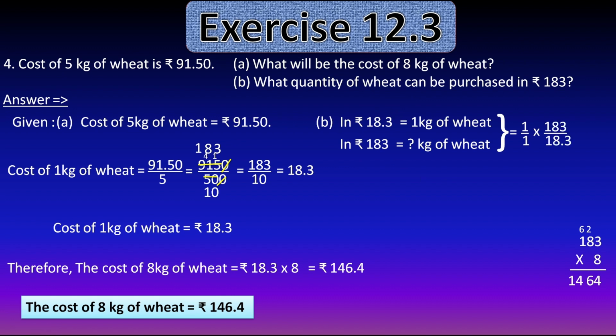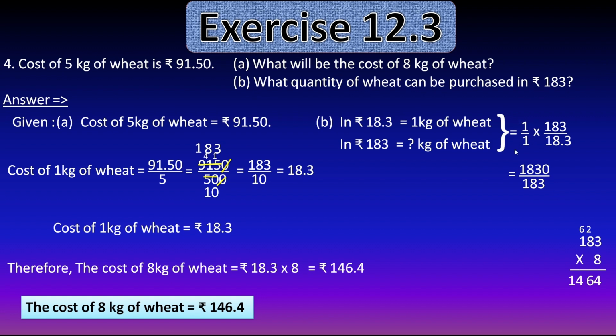Okay, this part we have to write as it is and this part we have to write in reverse. So this 18.3 is in the denominator. We will move this decimal point towards the right side by 1 digit, so we will give 10 to the numerator. Okay, so this became 1830 upon 183. Now this 1 upon 1 is 1 only, so I didn't write it.